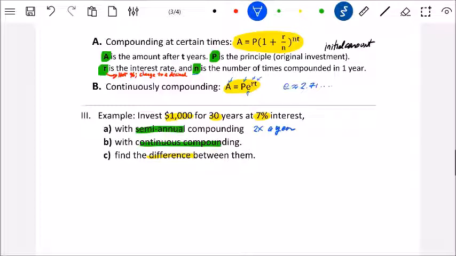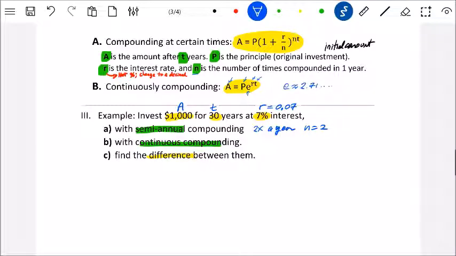Okay, and that's going to be the N. So N equals 2. Okay, this is A. This is the R, but we're going to write it as 0.07, not as 7%. And this is T. I forgot up here to put T as one of the important variables there.